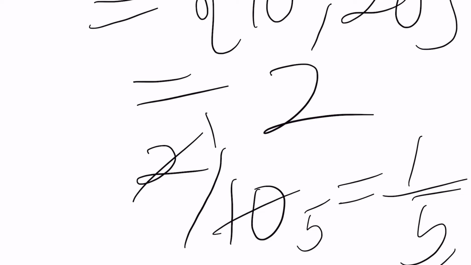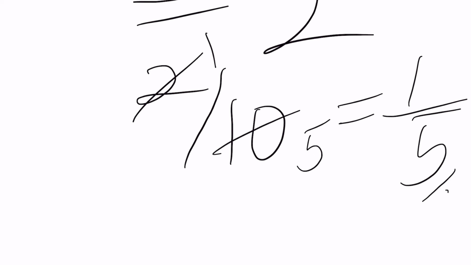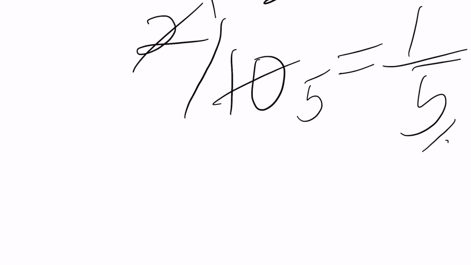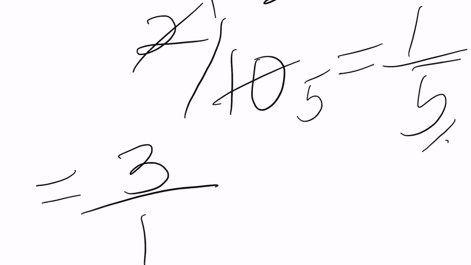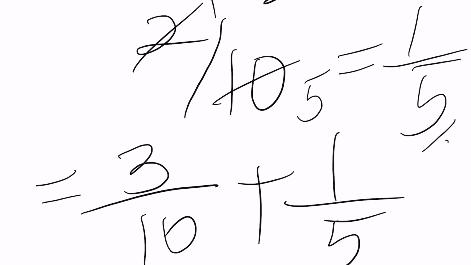Now, for either a factor of 18 or a multiple of 5, we add both probabilities together. It will be 3/10 plus 1/5.